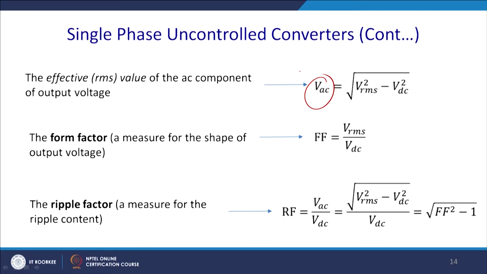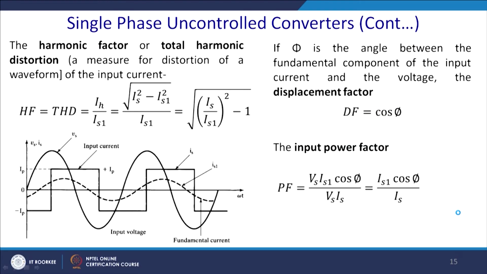VDC is quite small, for this reason there is a considerable amount of AC inside it. The form factor, Vrms by VDC, is also high, and the ripple factor, VAC by VDC, which is the square root of form factor square minus 1, is also quite high.